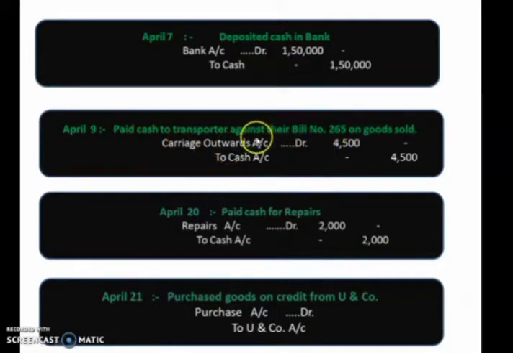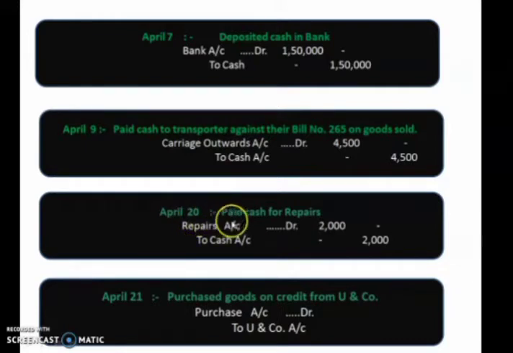So your carriage outward account debited to cash account. But cash is on the credit side. So on the credit side of the cash book, what will you write? By carriage outward 4,500. See, it's very easy. Once you know the journal entry, then the posting is very easy.